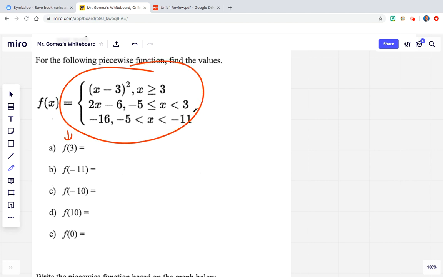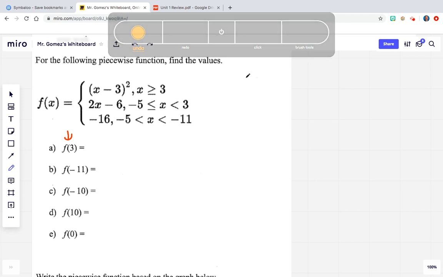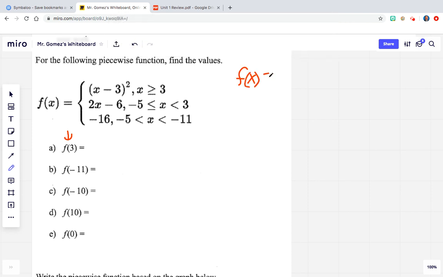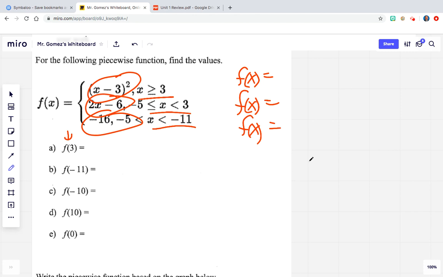Now, don't let it confuse you, because this is the same as if you were to have written f of x is equal to this first one, f of x is equal to this second one, and f of x is equal to this third one. There's three different places or pieces that these graphs exist, but all of them are still f of x. So don't let it confuse you, okay?